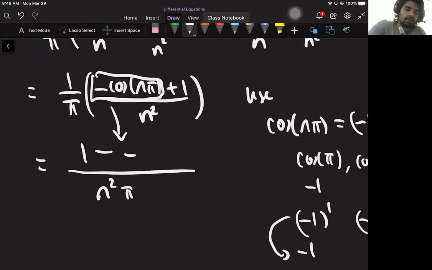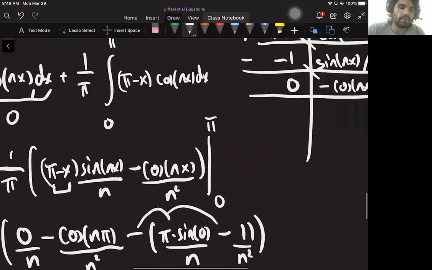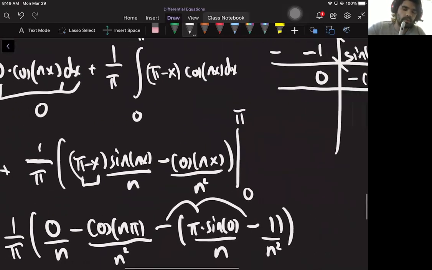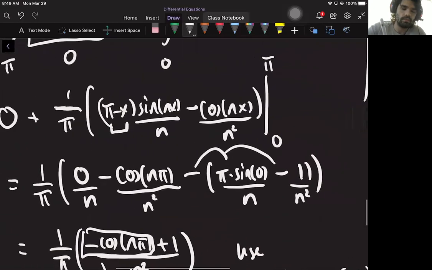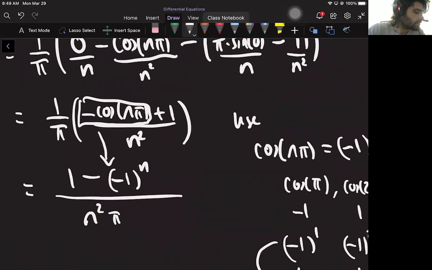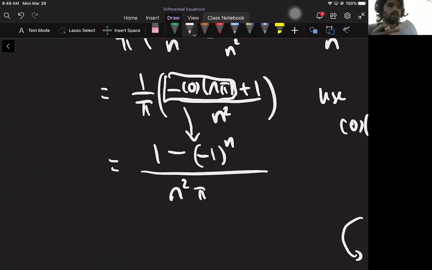This is a common trick to use in Fourier series. The other one that I didn't use, but I could have used earlier, is I didn't actually have to plug anything in here. Well, actually, we'll see it next time, so don't worry about it. Okay, so that's that. That is my cosine part.